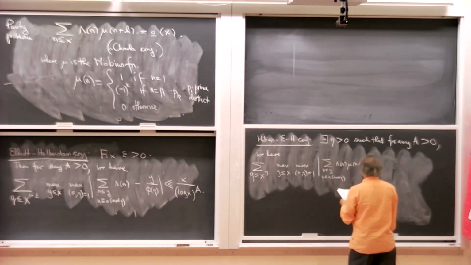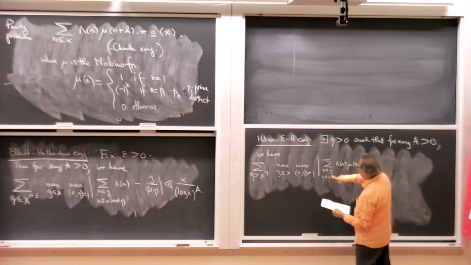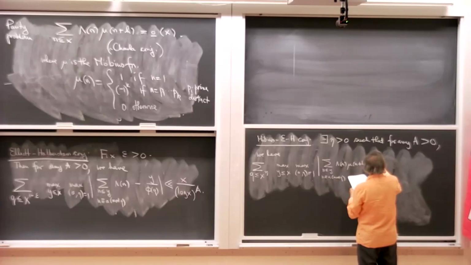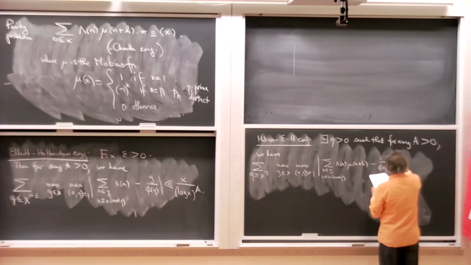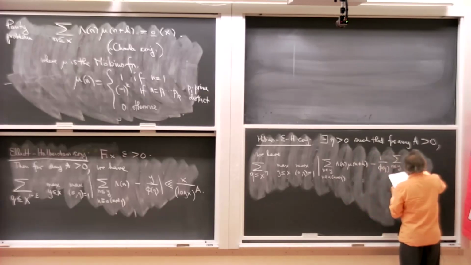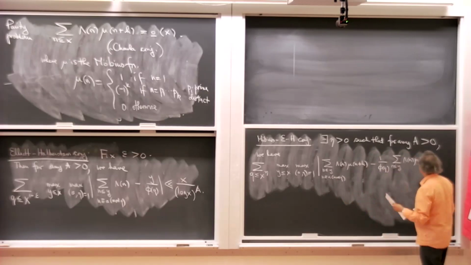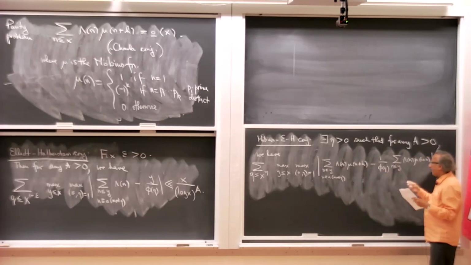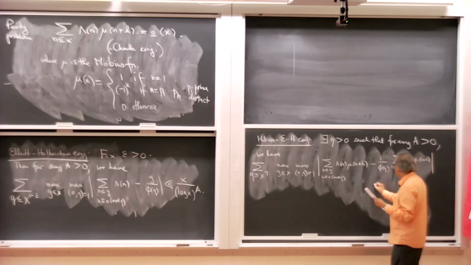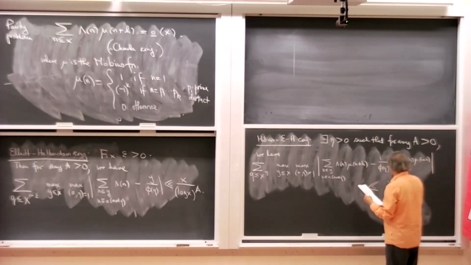So that's the sum we're really interested in, but I'd like to know what's going on in arithmetic progressions, minus the expected value, which is probably small, but it's better to state it in this way, simply because you don't want to make any new hypothesis on how this sum behaves. This sum should be bounded by x over powers of log.